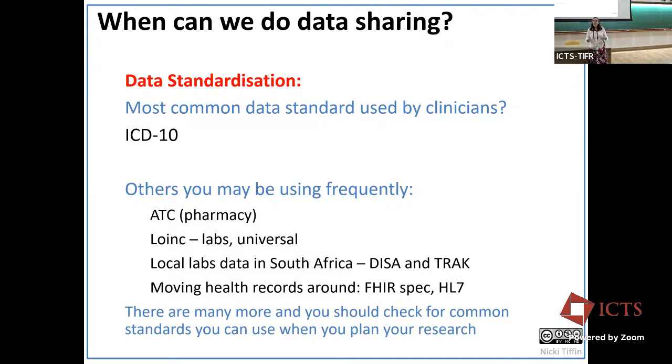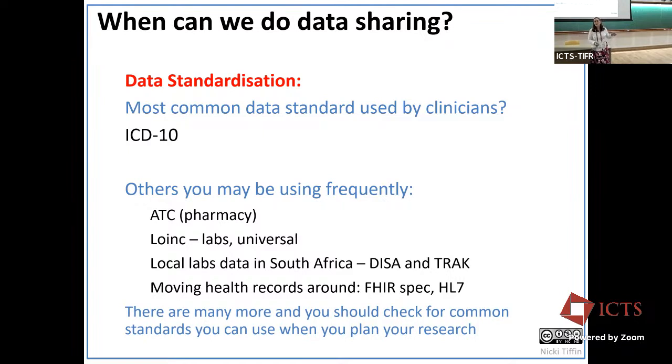You also have local standards that might be used. For example, the NHLS, the National Health Laboratory Service in South Africa, used to use an ontology or a standard called DISA. And then at some point they changed over to TRAC. This was quite a nightmare in analyzing the data because we have data from the DISA period and data from the TRAC period.